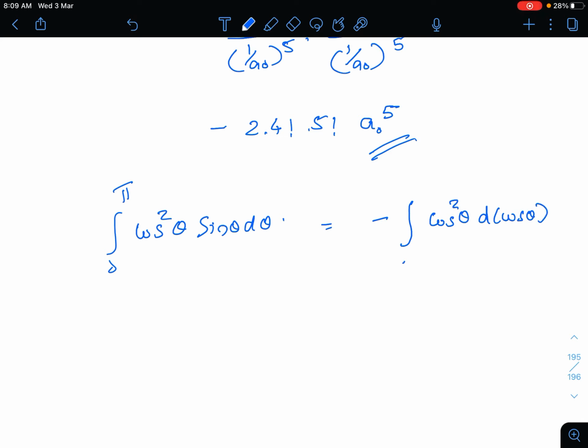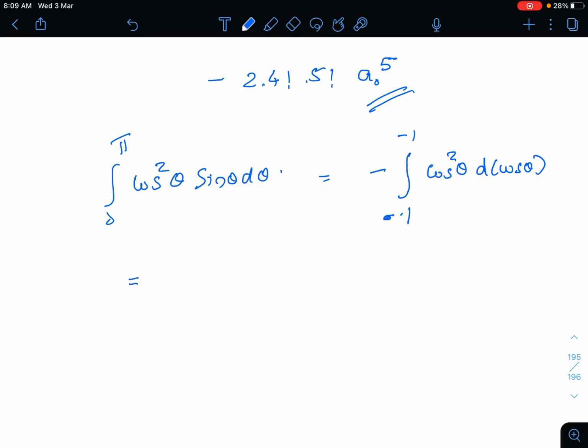And if I take the limit, cos 0 is 1, so 1 to minus 1, which becomes minus 1 to plus 1 of cos square theta d of cos theta.